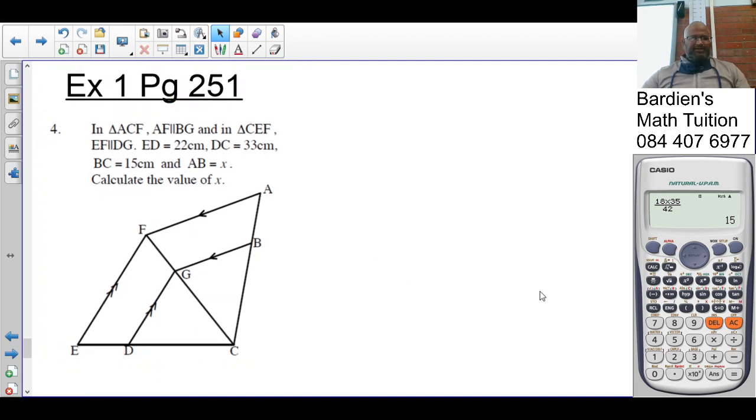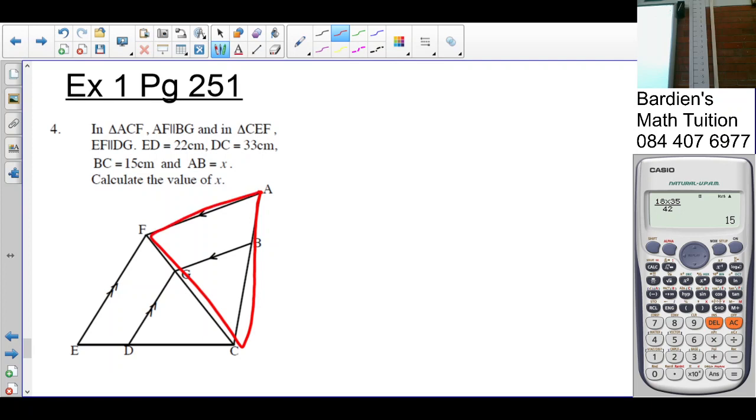So here we are told that in triangle AFC. Now we don't have to, but it's going to be good to name the triangle, because we're going to work in more than one triangle. So in triangle ACF, we are told that AF is parallel to BG. So if that's the case, what do we know? We know that AB over BC is FG over GC.